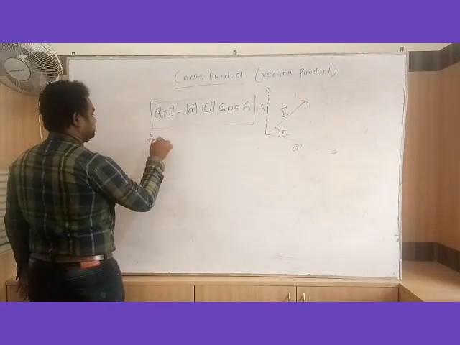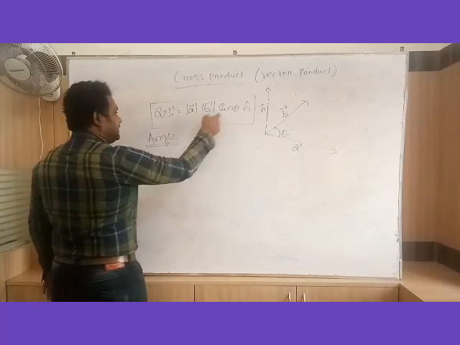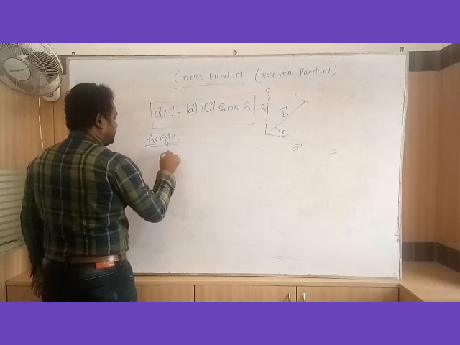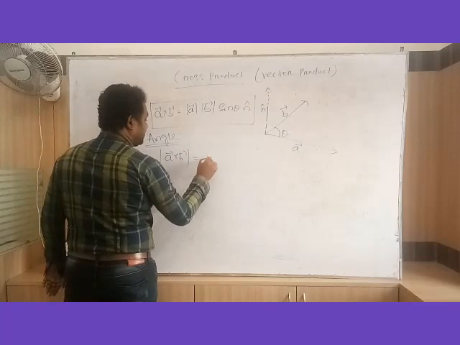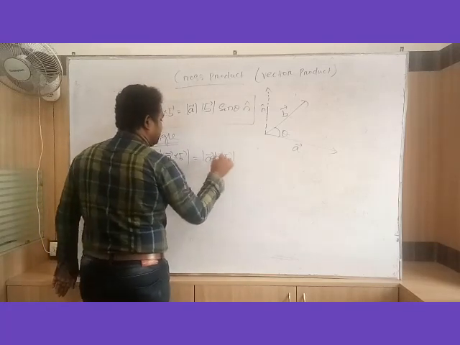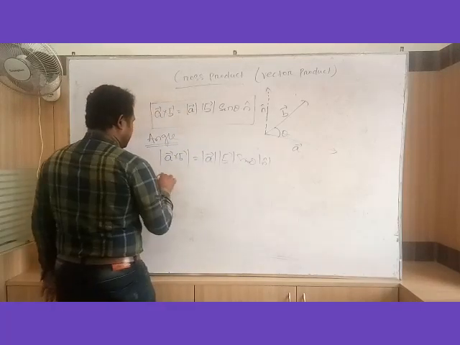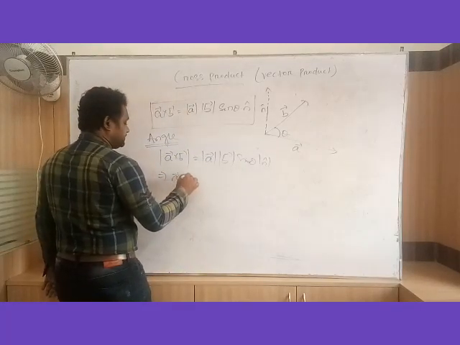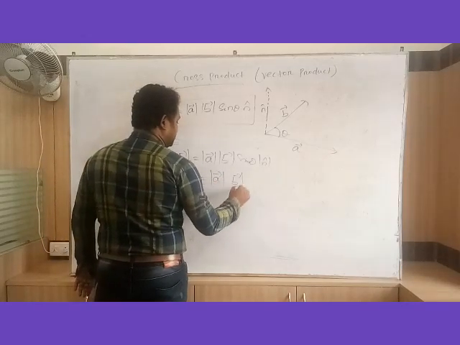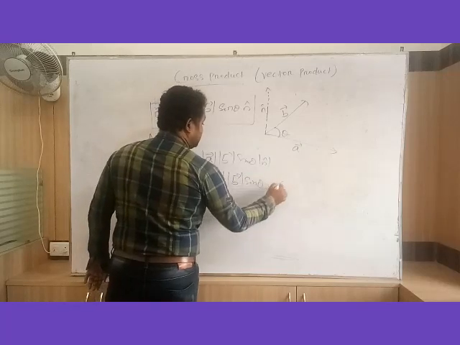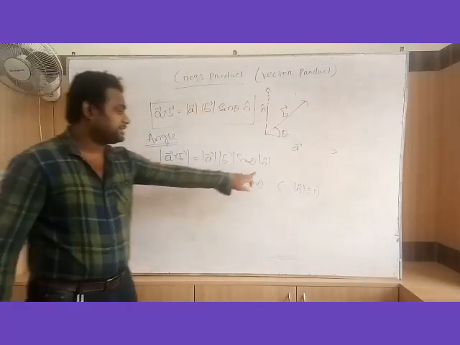Angle. Here in this case, A cross B equals this. Then what is the magnitude of A cross B? The magnitude of A cross B becomes magnitude of A, magnitude of B, sin theta, into magnitude of n cap. That implies magnitude of A cross B equals magnitude of A, magnitude of B, sin theta, since the magnitude of n cap is 1, because n cap is a unit vector.